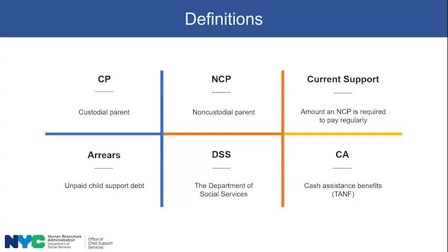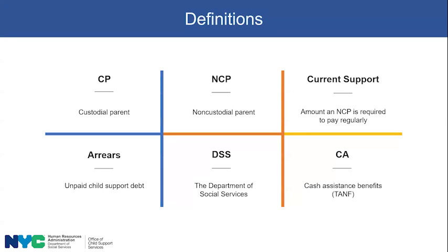Now, DSS becomes a player in child support because when the child is receiving benefits, cash assistance benefits, CA, also sometimes referred to as PA, public assistance, or TANF, temporary aid to needy families, then the NCP's payment goes to DSS rather than to the custodial parent.